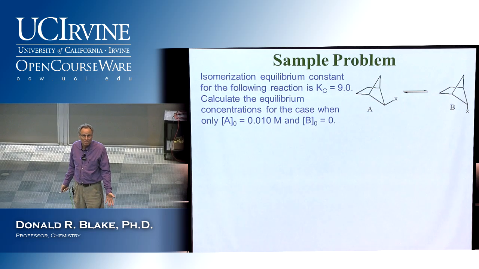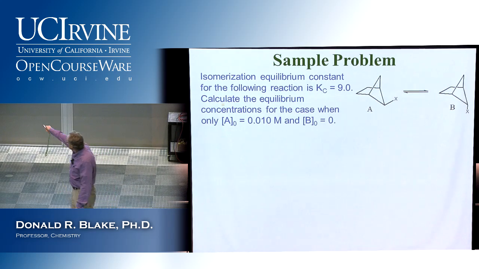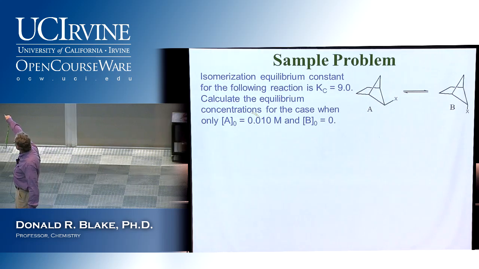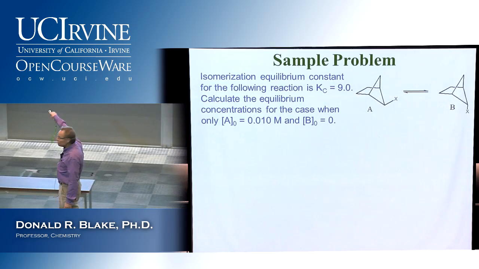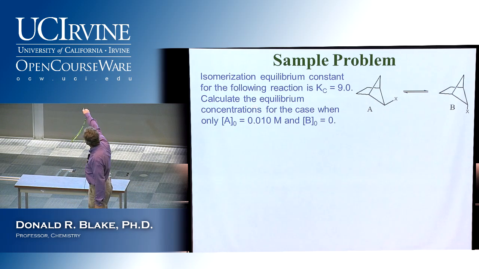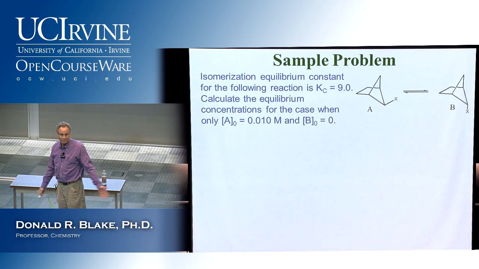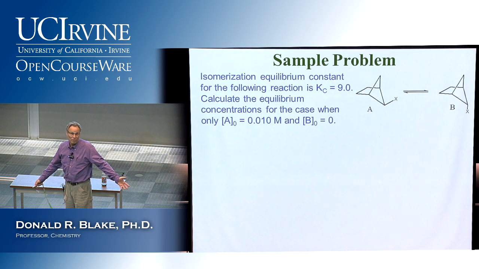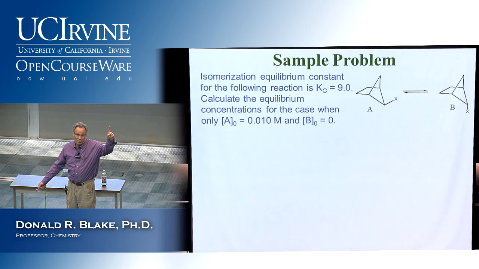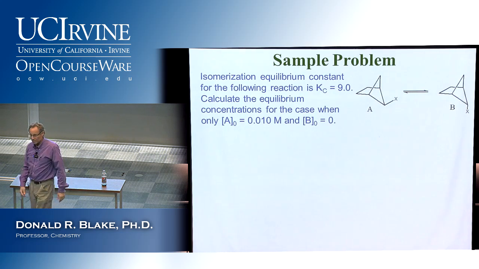They have to equal each other, right? So how do I make this be half as big as it used to be? This is going to go to 0.005, and this is going to be 0.005. That over that gives me 1. Once again, for every one of these you lose, you gain one of these.